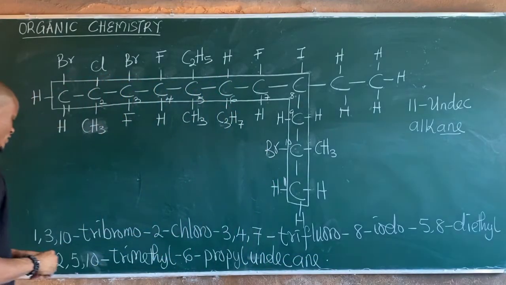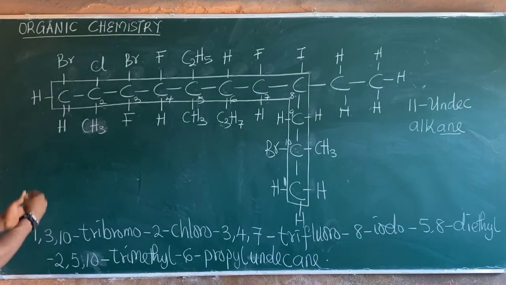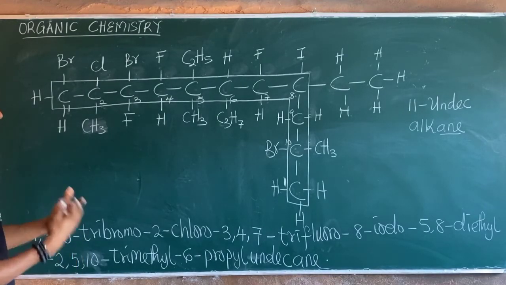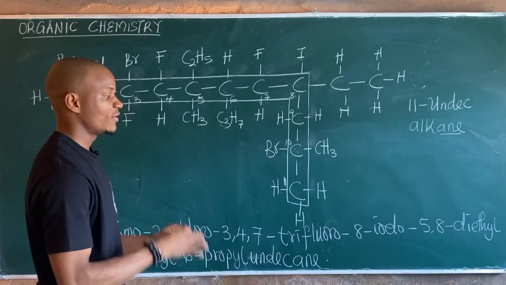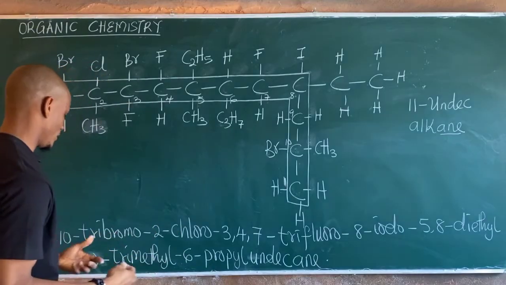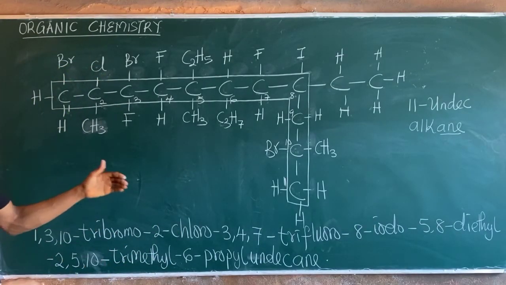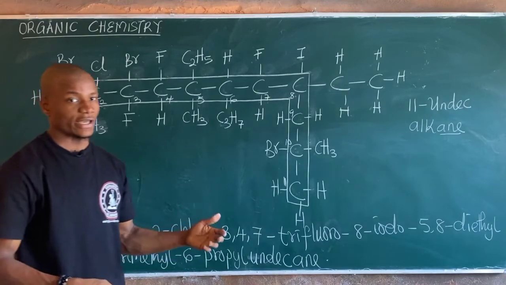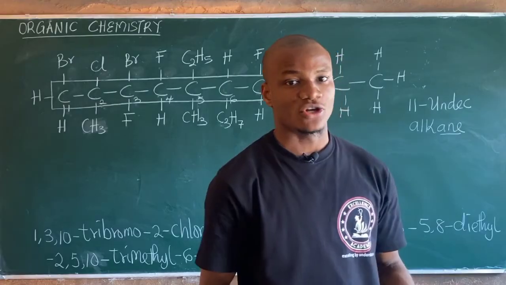So this compound is named 1,3,10 tribromo 2-chloro 3,4,7 trifluoro 8-iodo 5,8-diethyl 2,5,10 trimethyl 6-propyl undecane.